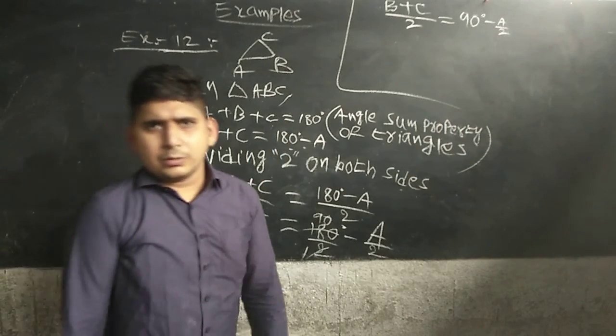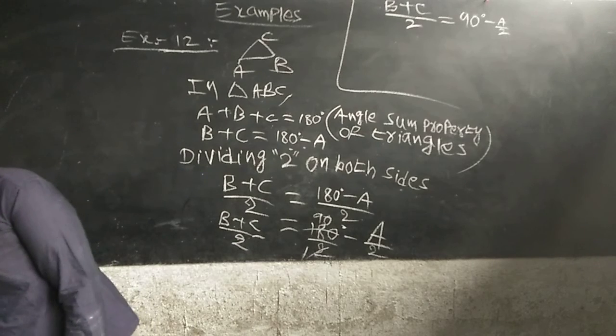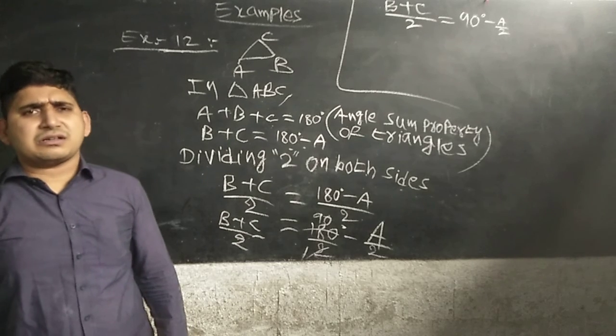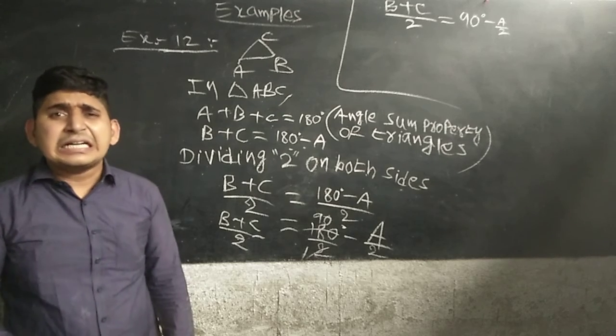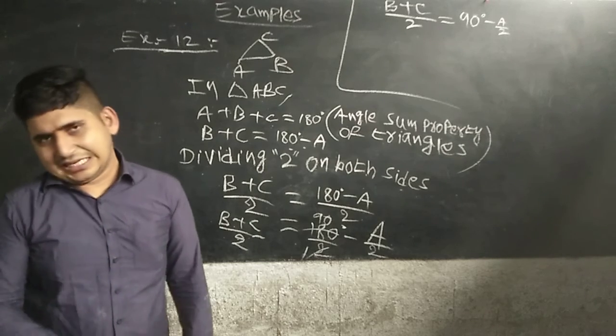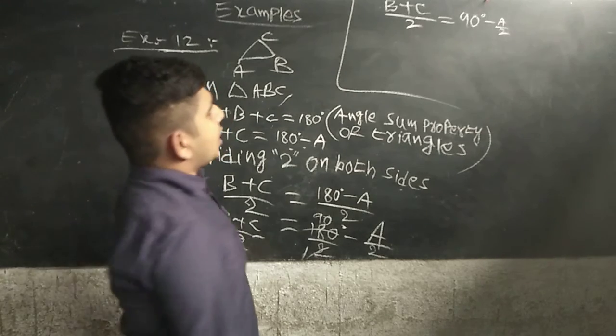Now what do we apply? What is asked is the sine of (B plus C) by 2. So we are applying the sine trigonometric ratio on both sides.